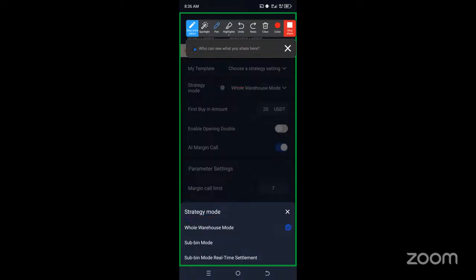But when you choose another one like sub-bin mode, this one, robot uses this strategy to use the profit you make to lower average price, closer to current price.